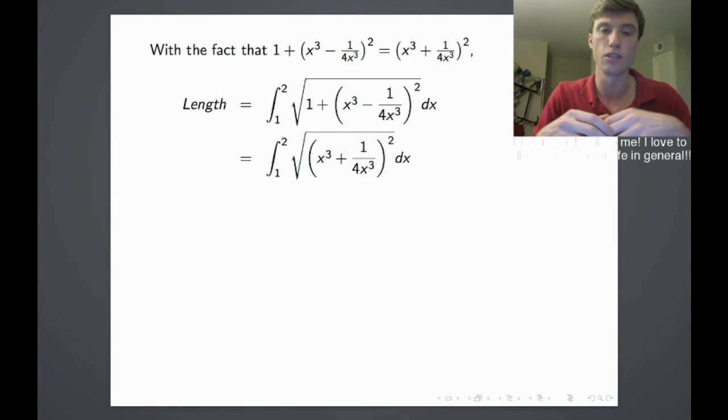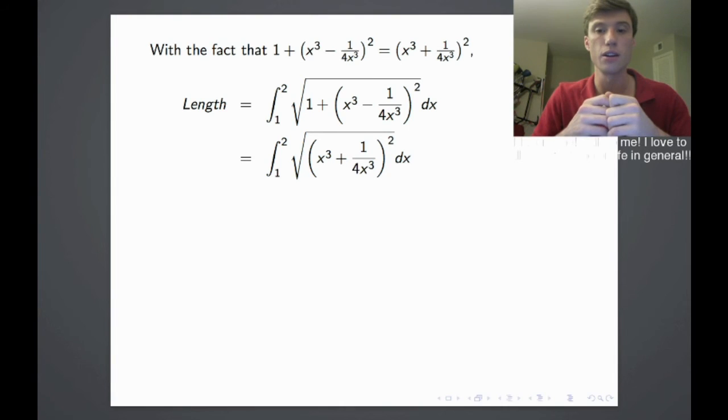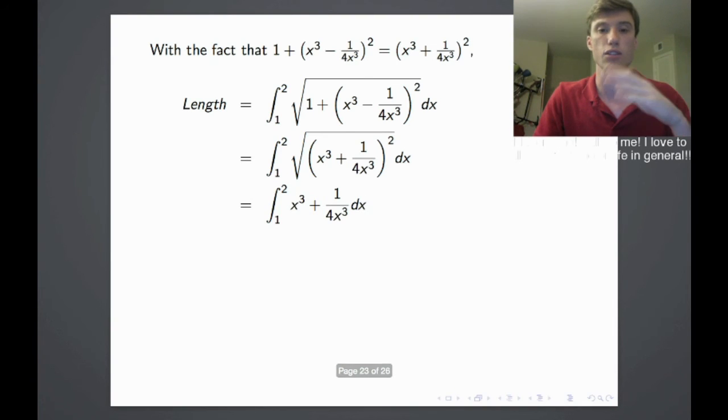So when we're trying to simplify this, we need to check that x cubed plus 1 over 4x cubed is positive. So we're restricting ourselves to the interval from 1 to 2. On that interval, x cubed is positive, and 1 over 4x cubed is also positive. So in this case, we have no problem simplifying the expression and canceling the square root and the square.